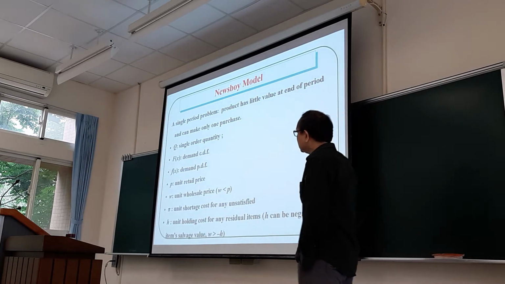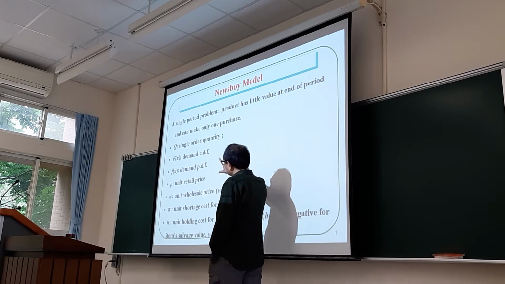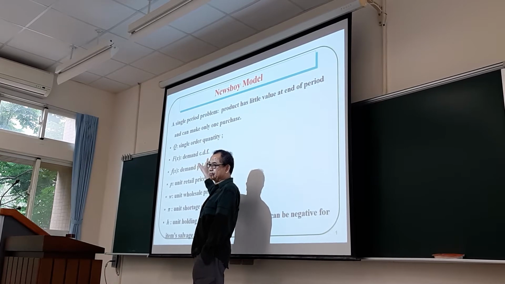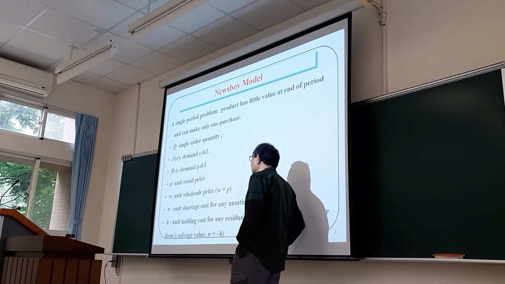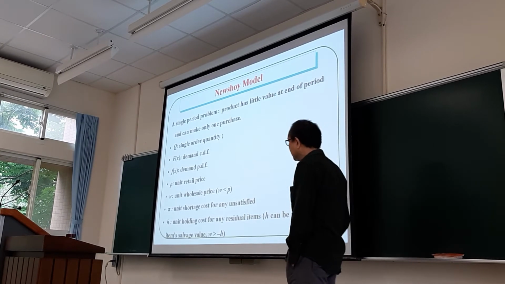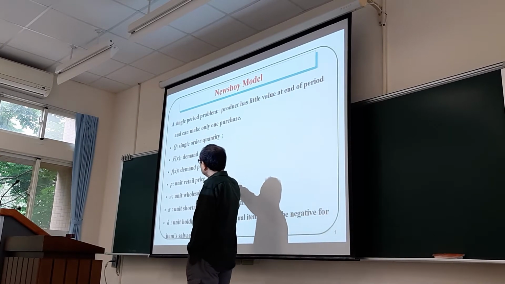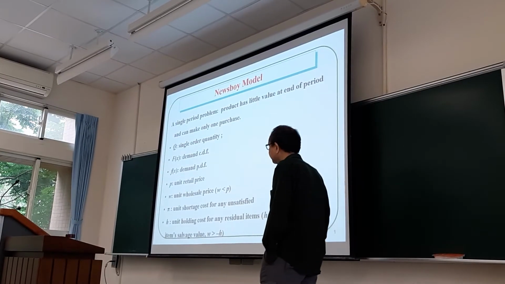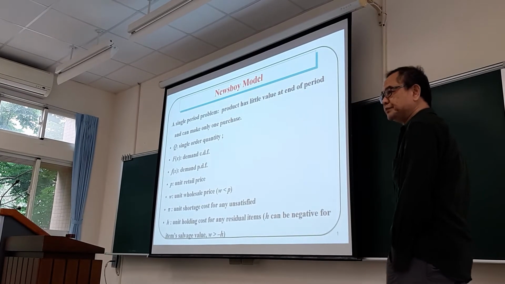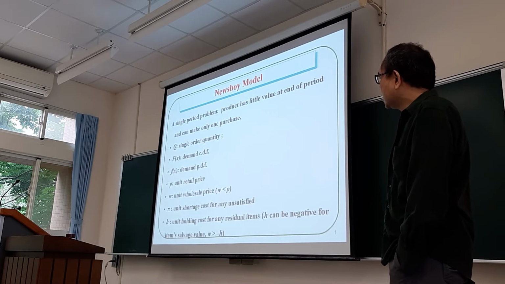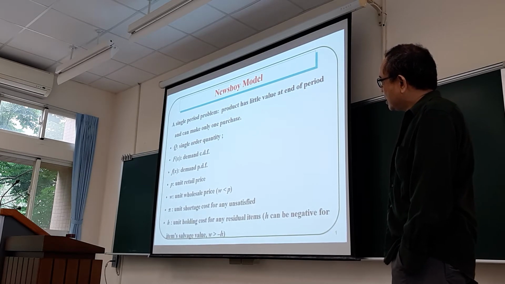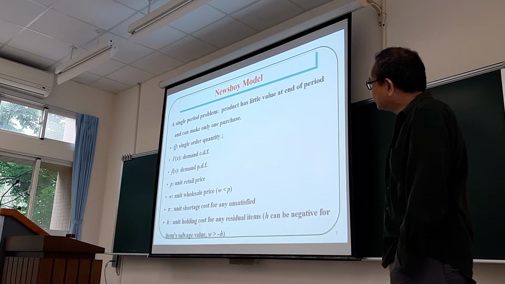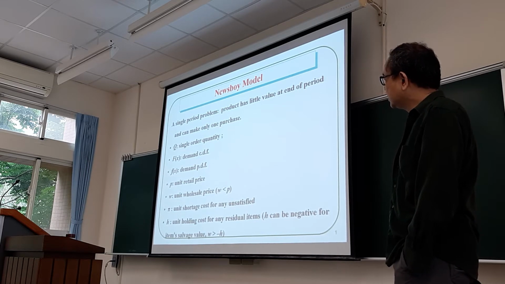And since the demand has risk, it can be described as a probability density function f of x and a cumulative distribution function capital F of x. And price certainly also influences demand.